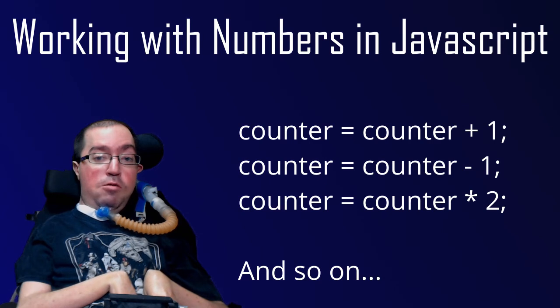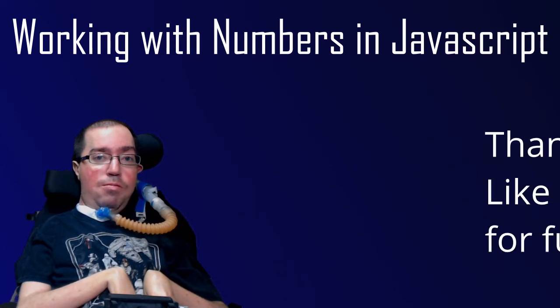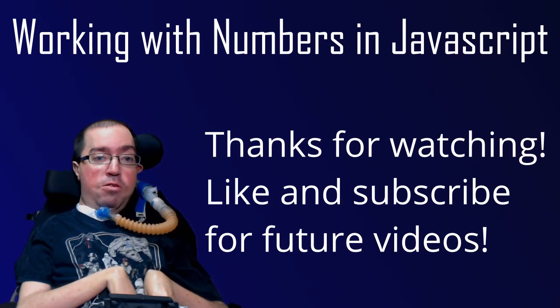So counter equals counter minus 1, and counter equals counter times 2, and so on will work just fine. I simply used addition in the examples because that has been the most frequent use case in my own experience. And that just about covers the basics of how to work with numbers in JavaScript.